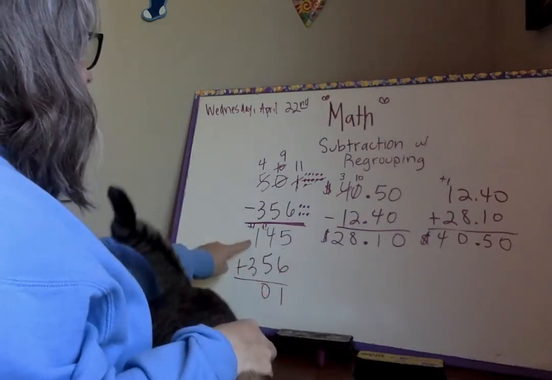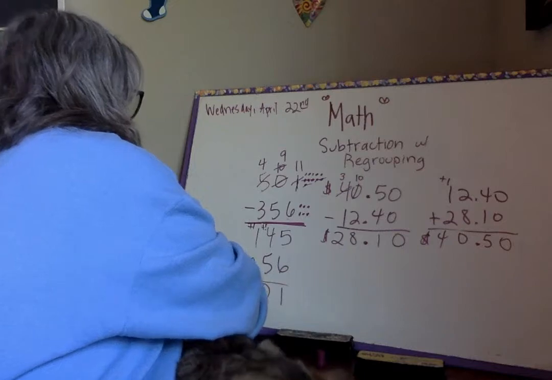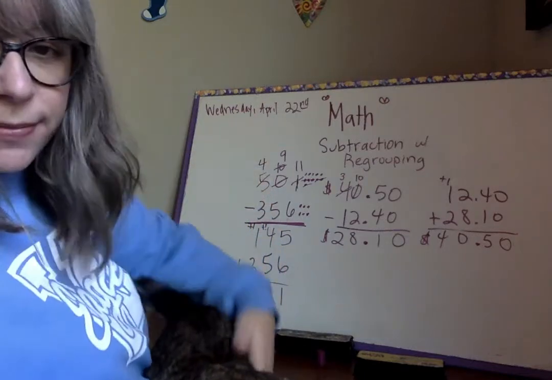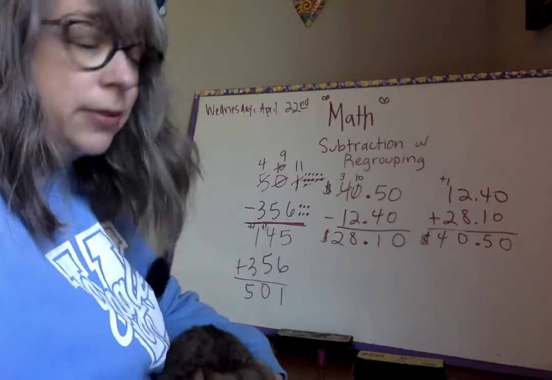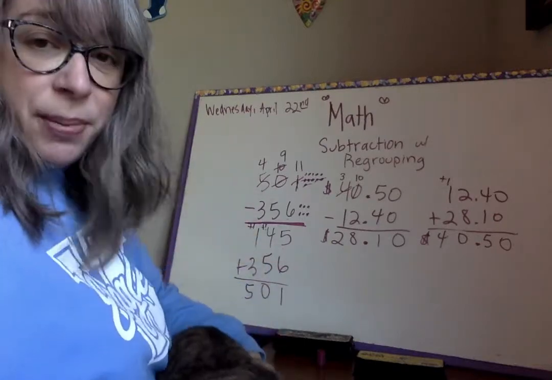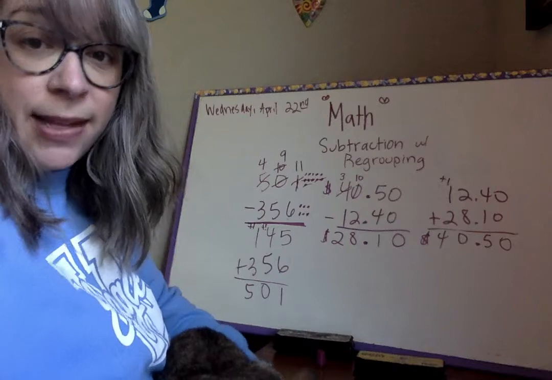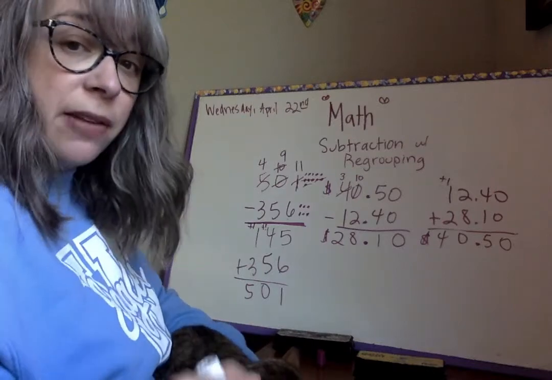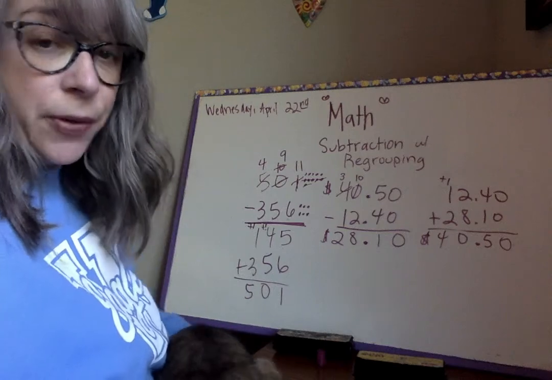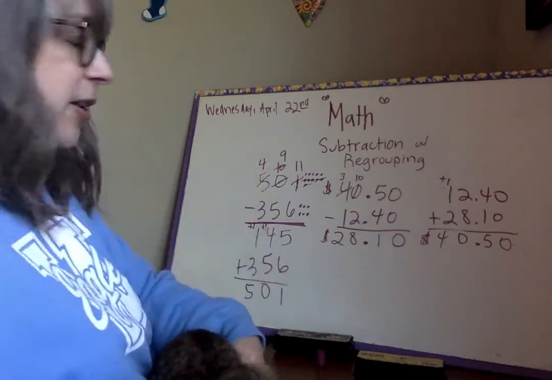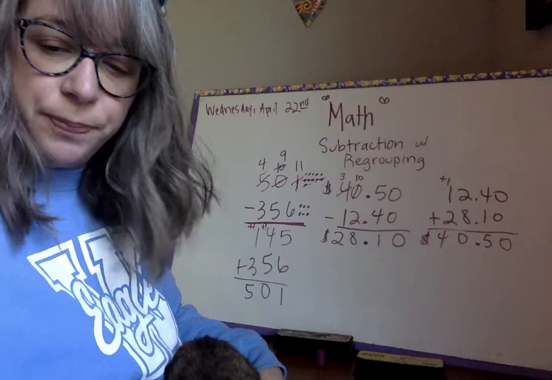That looks better. 3, 4, 5. 501, 501. See? We all make mistakes. Did I freak out? I did not freak out. I just went back and looked at my problem to figure out what I did wrong. And that's learning, right? When you go back and figure out what you did wrong, that's how you learn. Okay? So 501, 501. Let's try another one.